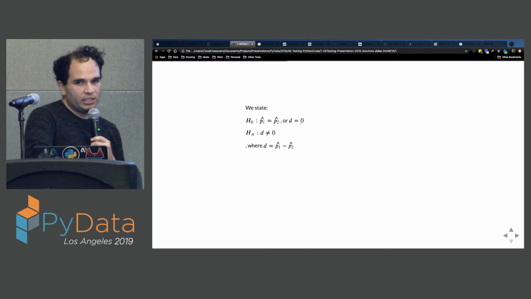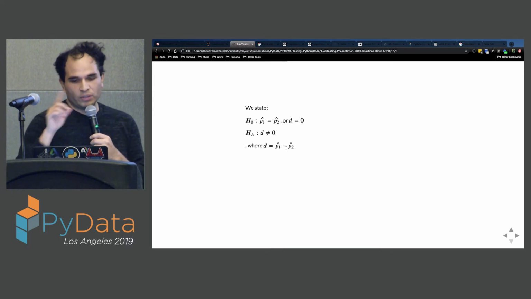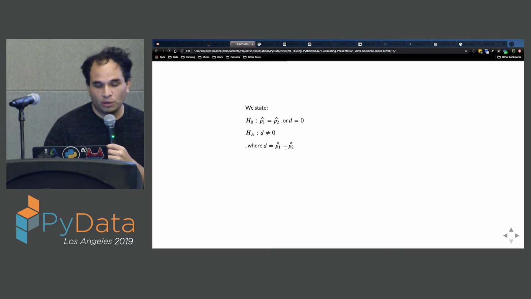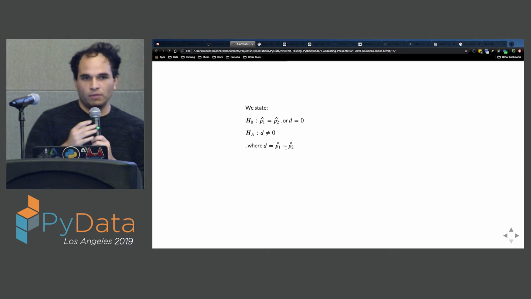The difference between these two is insignificant or is equal to 0, where D is defined as the difference between those two click-through rates.